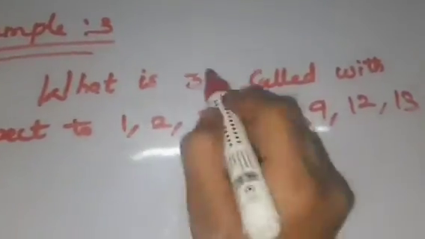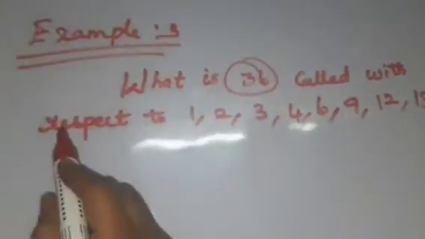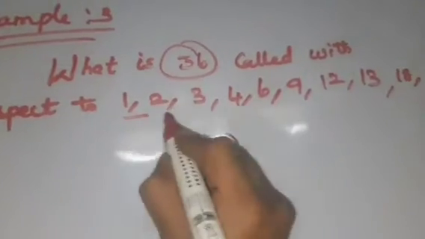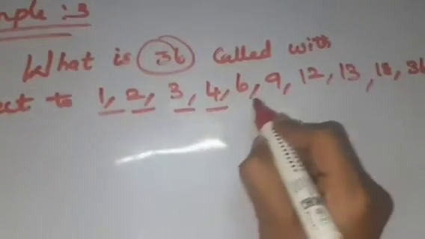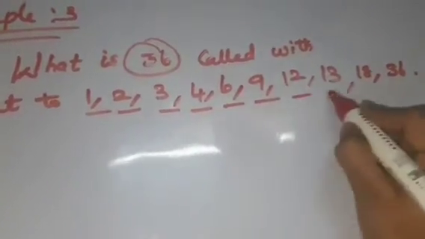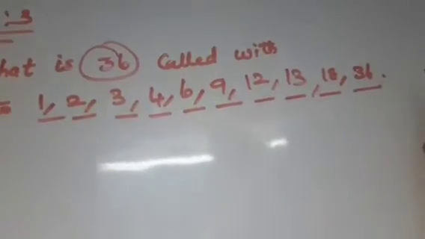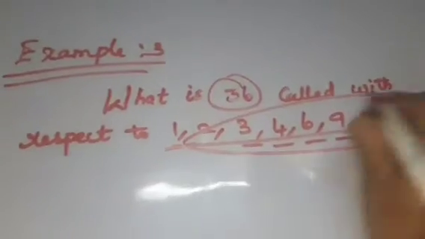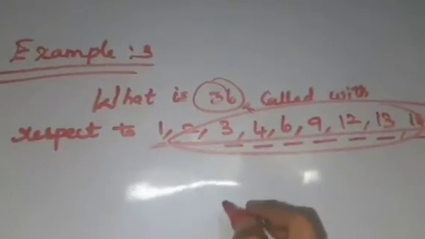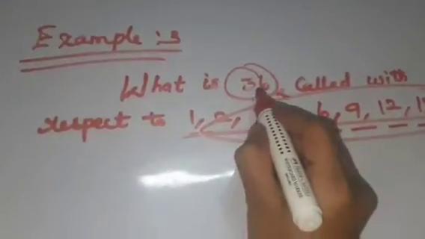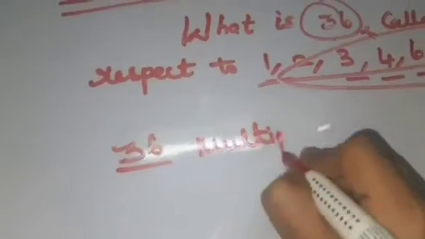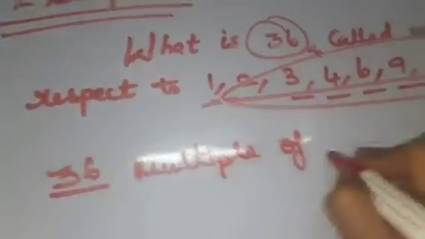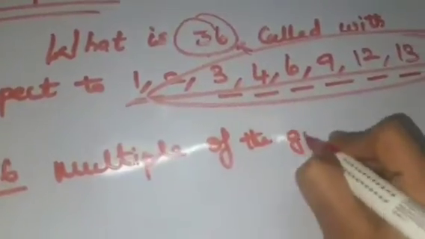What is 36 called with respect to 1, 2, 3, 4, 6, 9, 12, 18 and 36? So, these numbers are the factors of the number 36. So, what is 36 then? 36 is the multiple of the given factors.